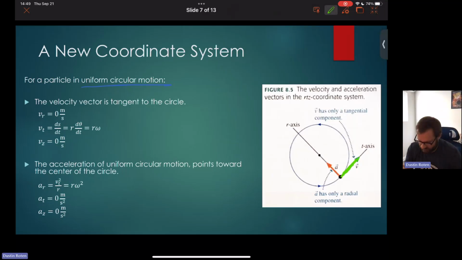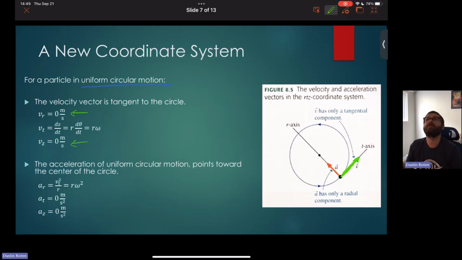Our velocity vector is tangent. That's on the t-axis, so that means any velocity component not tangent is 0. So we're not getting closer to the center of the circle. We're not getting farther away, so our radial velocity is 0. We're not moving up and down, so our z velocity is 0. The only velocity we have is the one tangent to the circle.